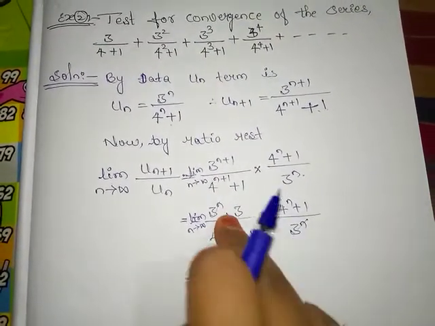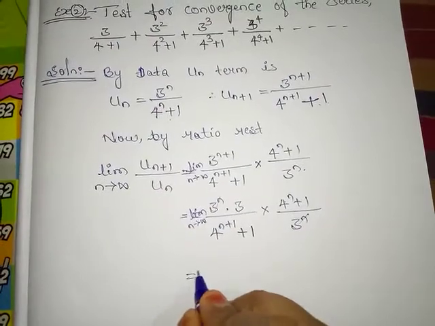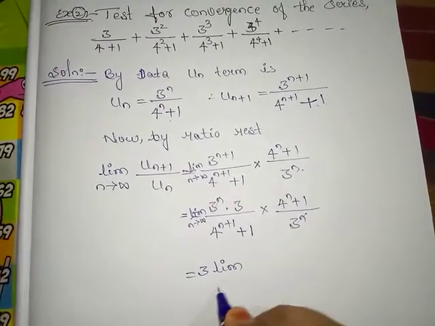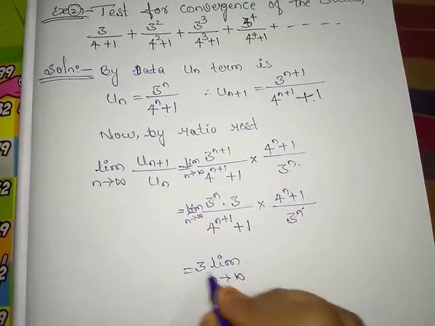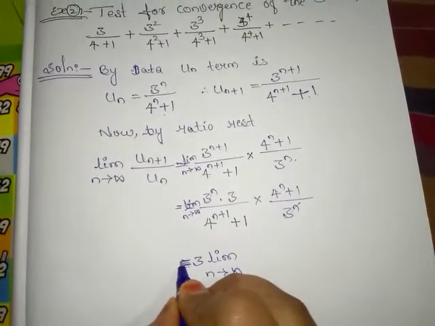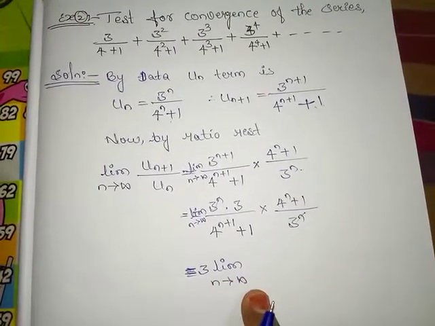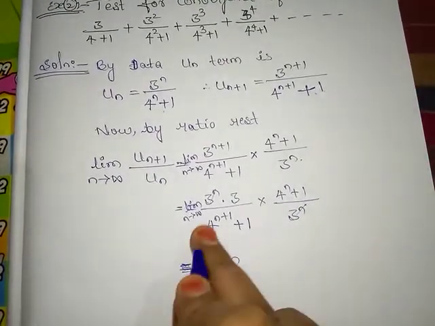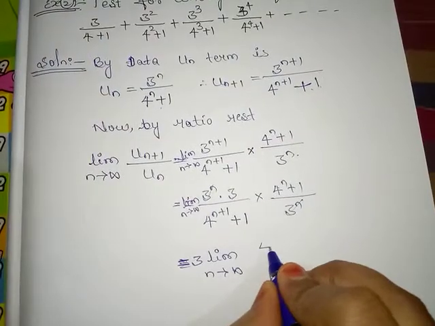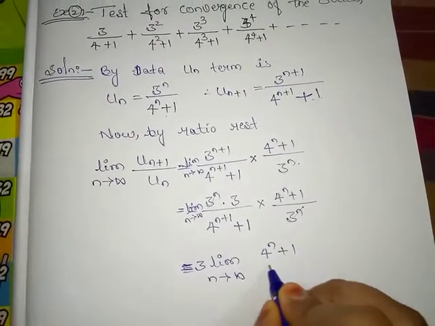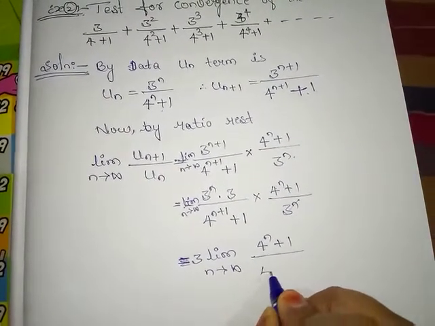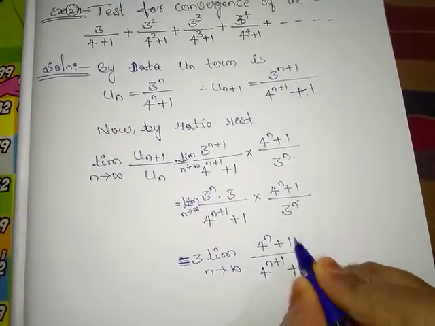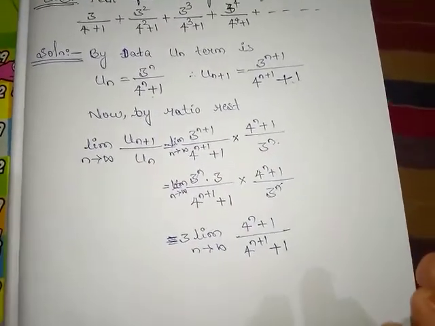Since this is a constant, I will take it outside the limit: 3 into limit n tends to infinity of the remaining terms, 4 raised to n plus 1 divided by 4 raised to n plus 1 plus 1. This is our remaining term.